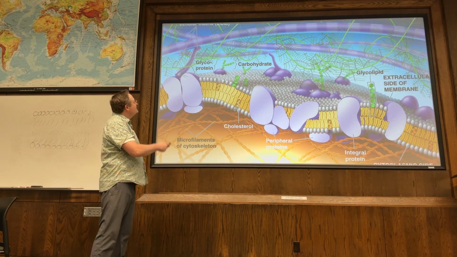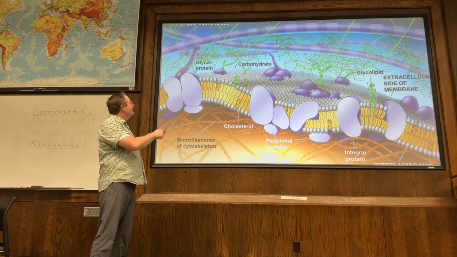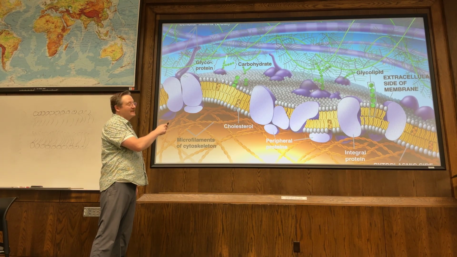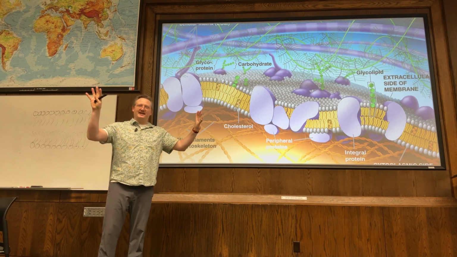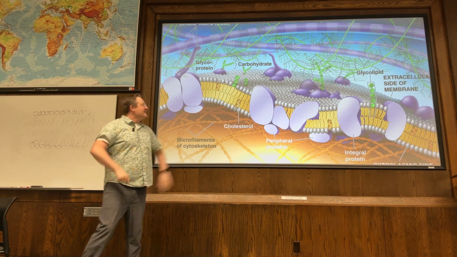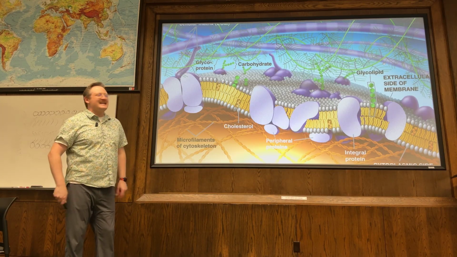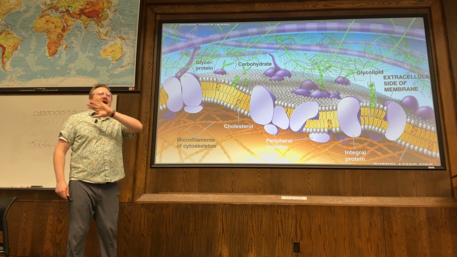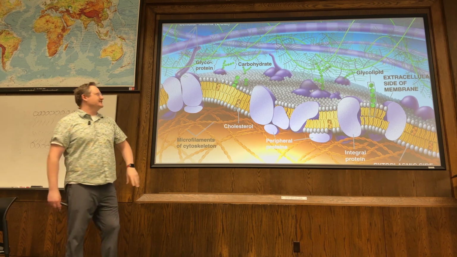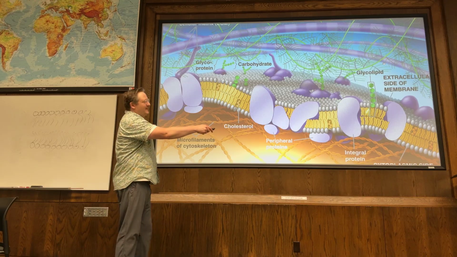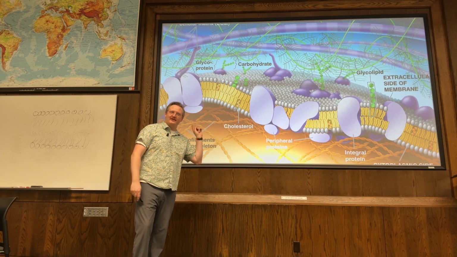In this glycoprotein, the protein is embedded in the phospholipid bilayer, and the carbohydrate, the glyco part, extends out into the extracellular solution, okay? You'll see in this demonstration slide that there's nothing really extending in. While that's not 100% accurate, it is good for our illustration here. Here's a glycolipid. Look, it's a fatty acid chain attached to a ring structure carbohydrate.